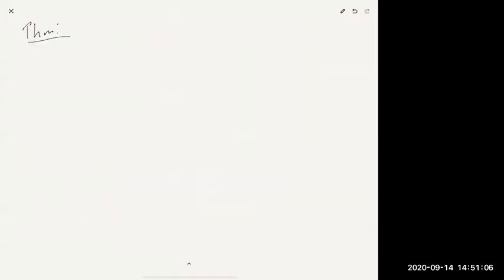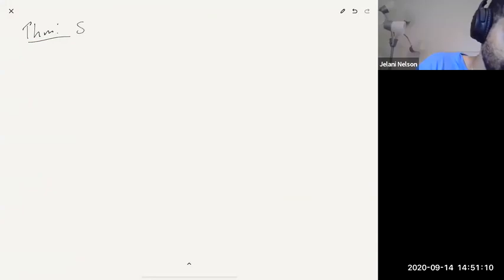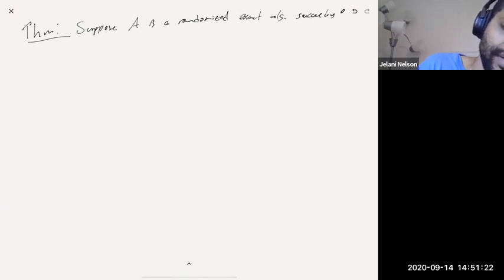Okay, thanks. No problem. So suppose now script A is a randomized exact algorithm succeeding with probability at least 2/3 using S bits of memory.